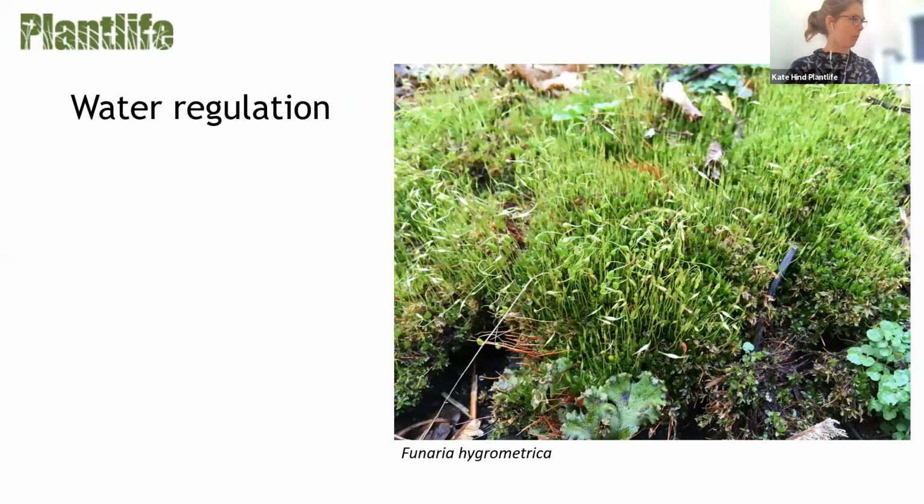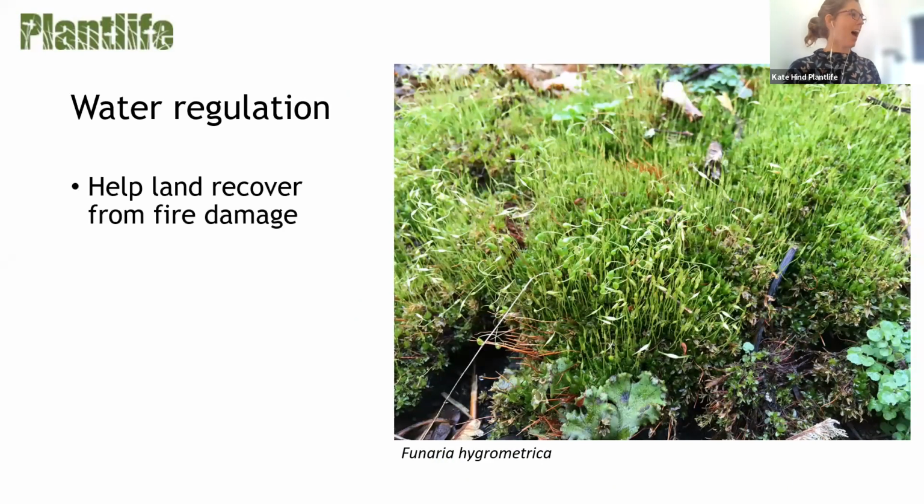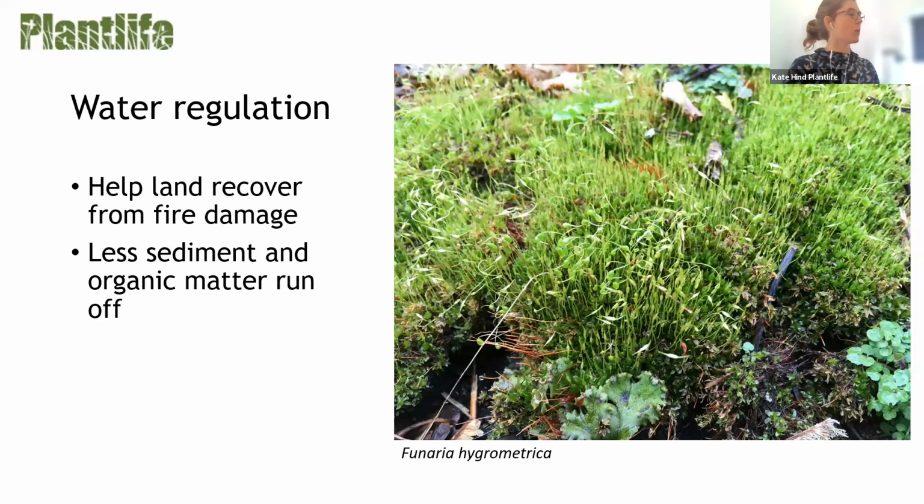And lo and behold, the bonfire moss was growing there. But they found in studies in Portugal that this moss can help land recover from fire damage. So if it's growing in the woodlands where there's been a fire, it reduces the loss of sediment and organic matter when it rains.